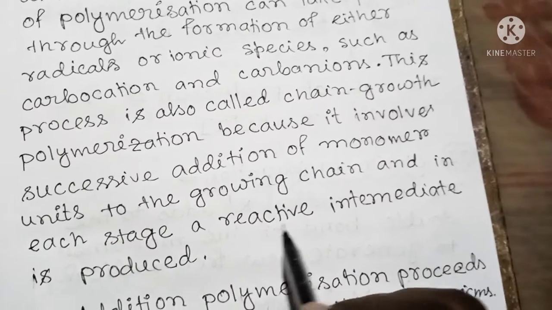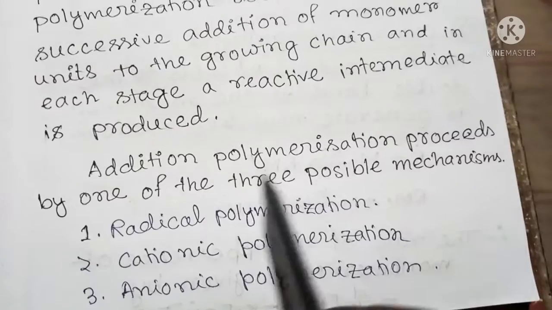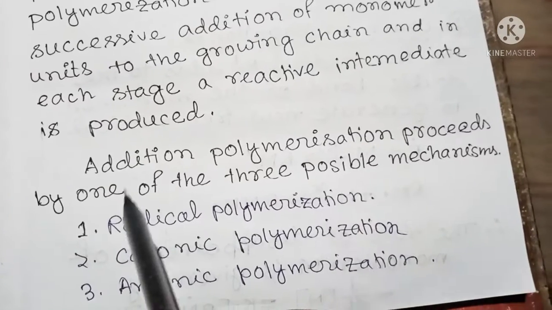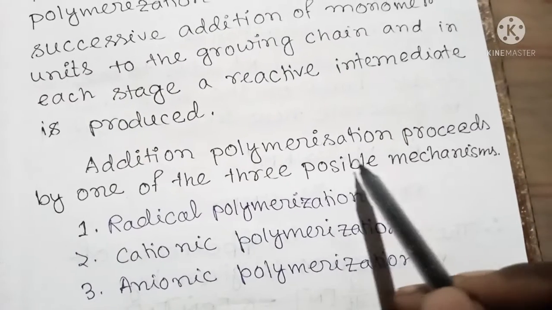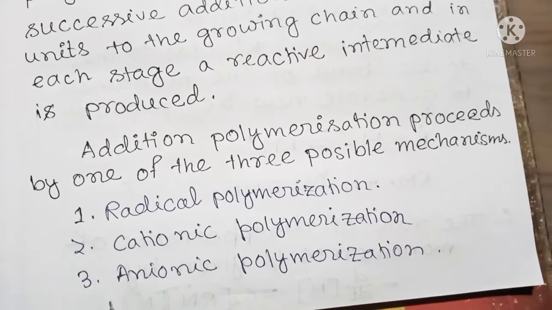Addition polymerization proceeds by one of three possible mechanisms. First one is radical polymerization, second one is cationic polymerization, and third one is anionic polymerization.